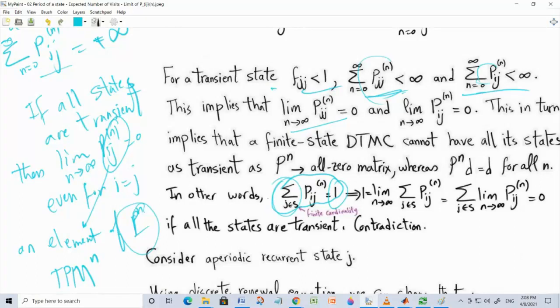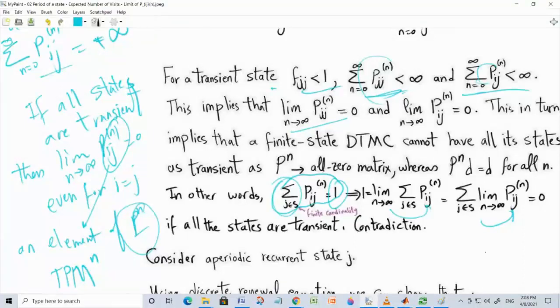So if you have a finite number of terms in a summation, then the limit of the sum is the sum of limits. This is not generally true if we have an infinite sum. But our assumption here is that we are talking about a finite discrete-time Markov chain. So we are allowed to take the limit inside.